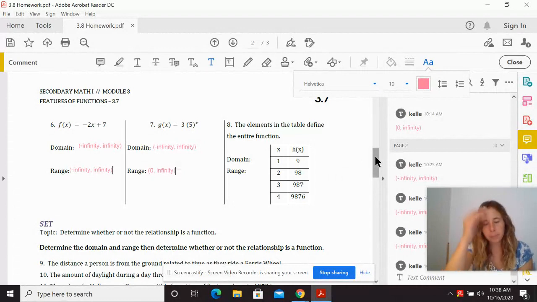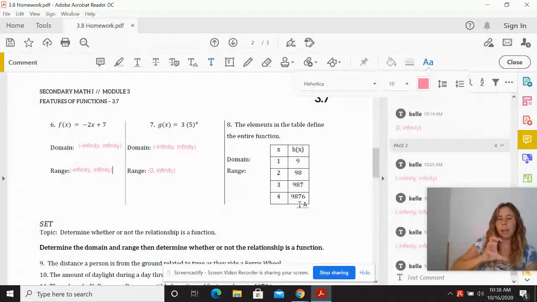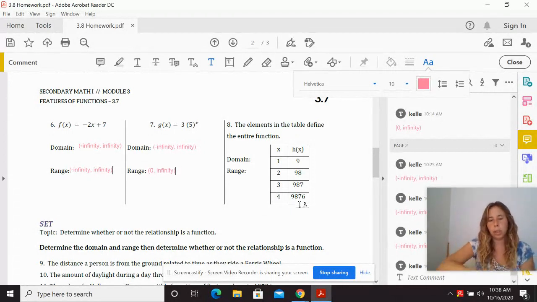Anyways, number 8. The elements in the table define the entire function. So this is like how they give us the braces. They're saying 1 and 9, 2 and 98, 3 and 987, 4 and 9,876. Those are the only values of our function. Nothing in between, just those.